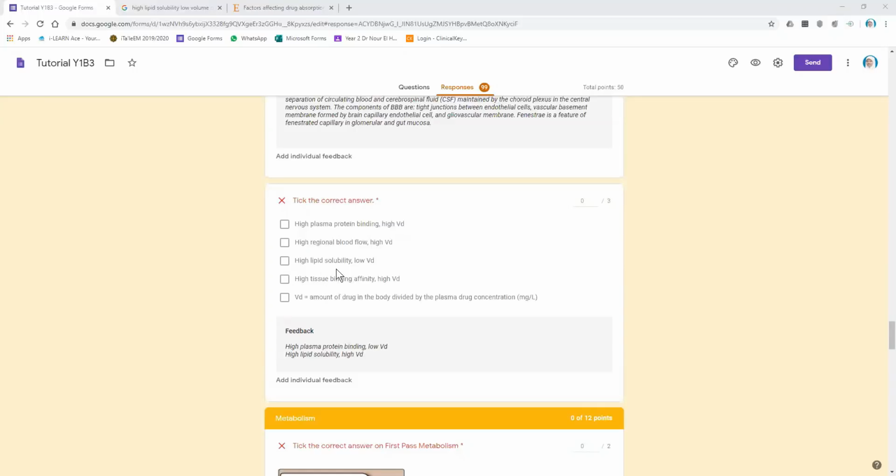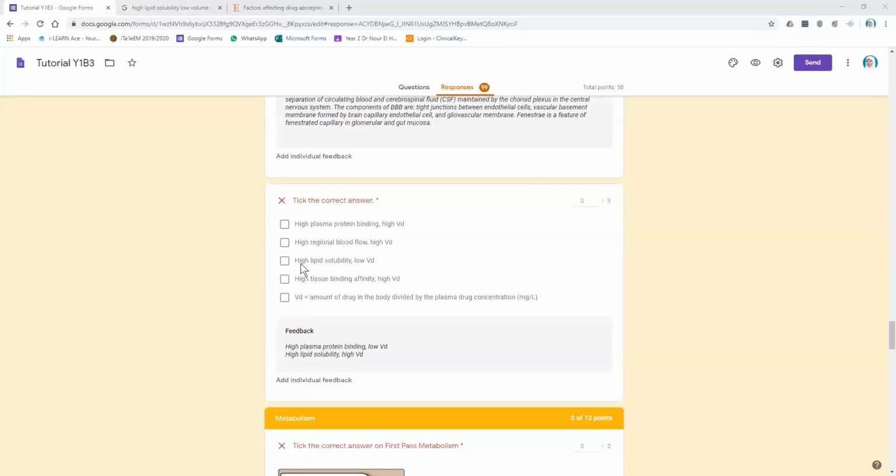High lipid solubility will have low volume of distribution. This is false, because a highly lipid soluble drug penetrates the cell membrane easily. So it will be stored in the fat, and the volume of distribution reflects the extent to which the drug is in the extravascular tissues and not in the plasma.